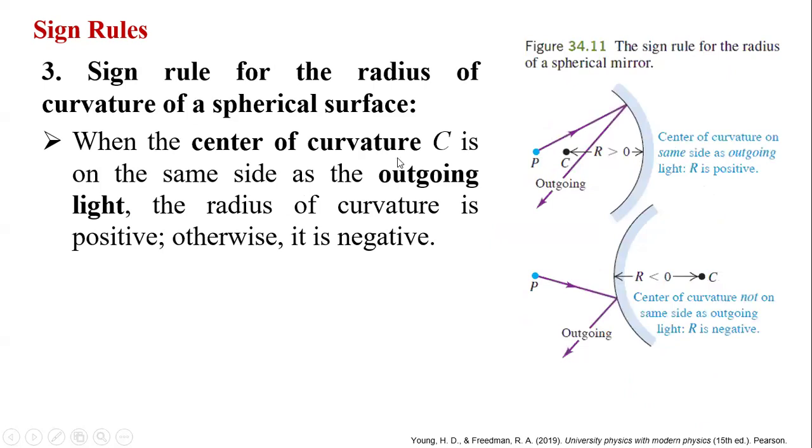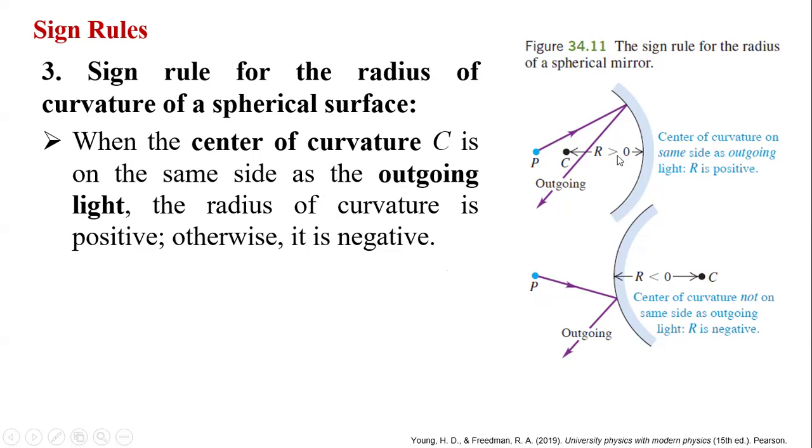Later on, when dealing with spherical surfaces, we have this rule. When the center of curvature C is on the same side as the outgoing light, the radius of curvature is positive. Otherwise, it is negative. We're going to discuss this later.